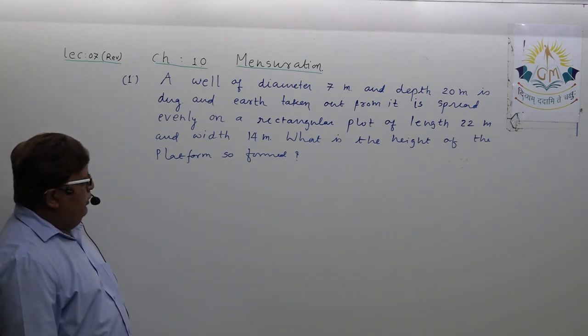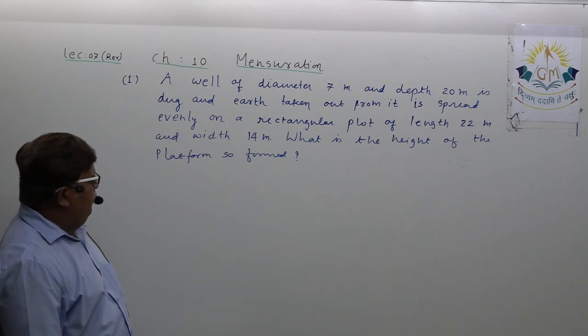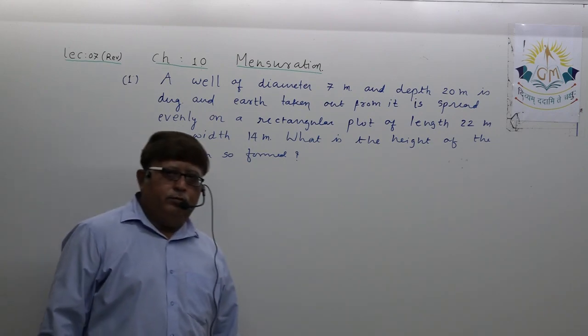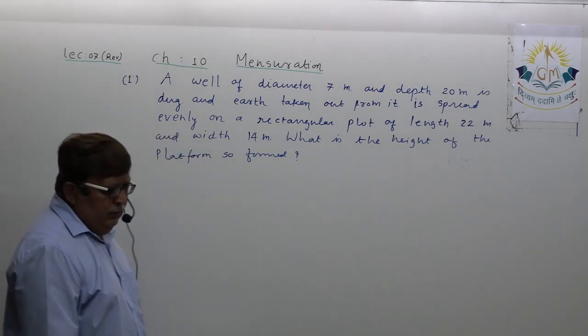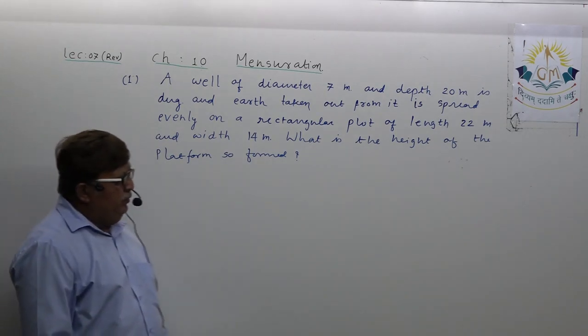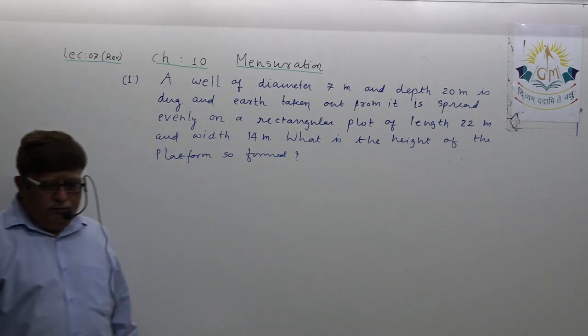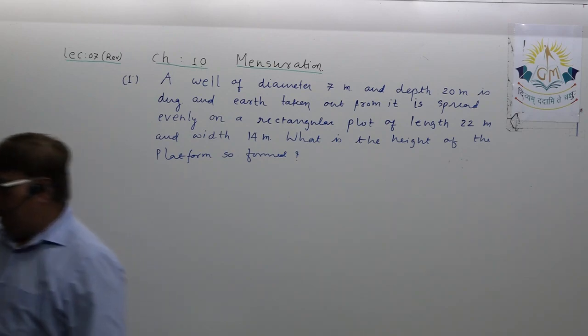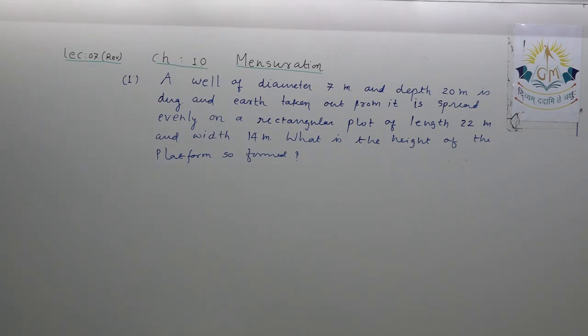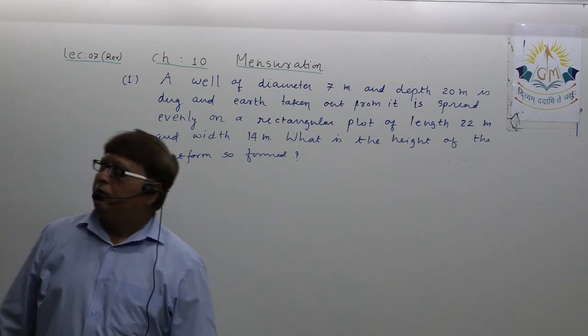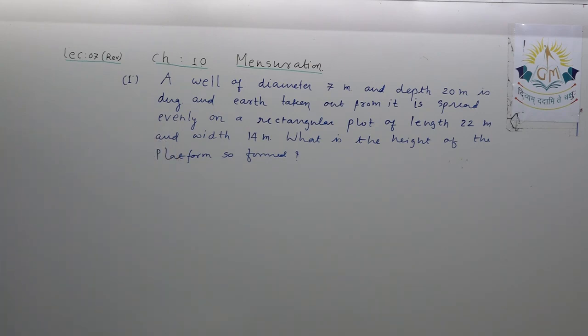What is the height of the platform so formed? First, you need to understand the given data, but for that, first note down the given sum properly in your book, and then we'll explain how to solve this example.